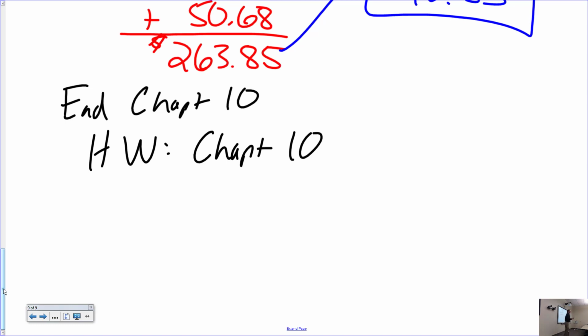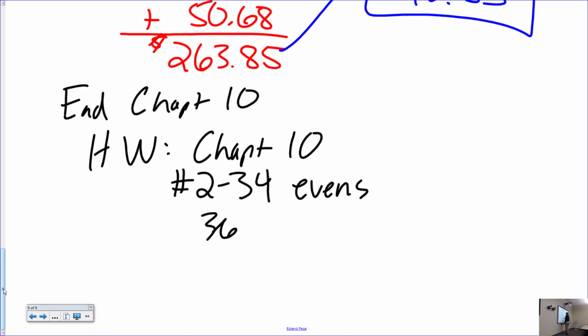All the way to the end, to 34 or 36 or something like that. No, 36 is a challenge problem. So you can do 34, the evens, and 36 is your extra credit, like always.